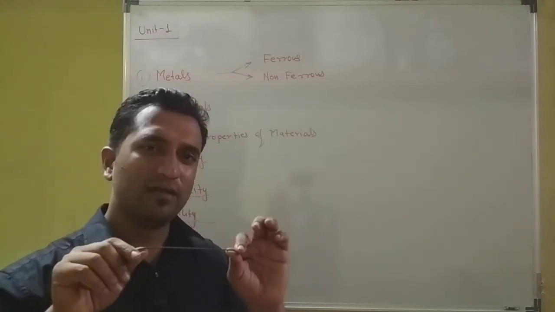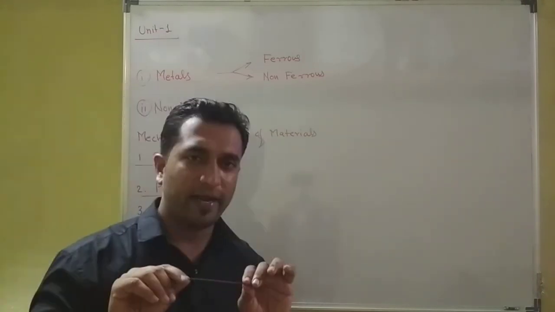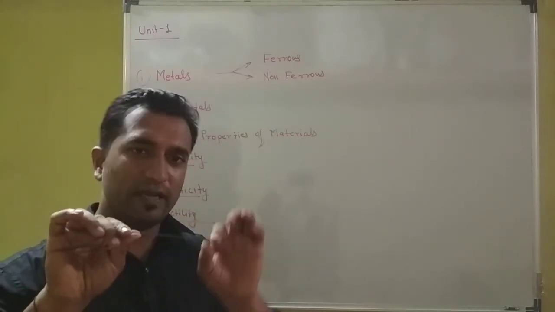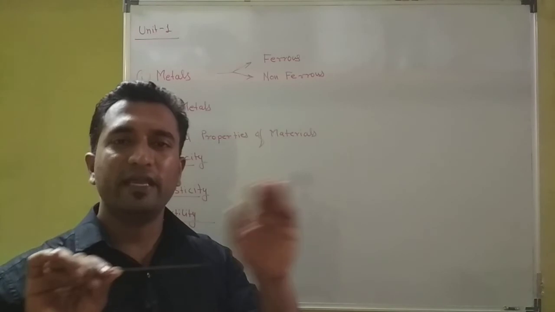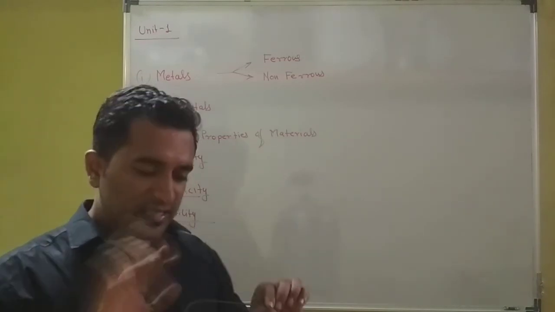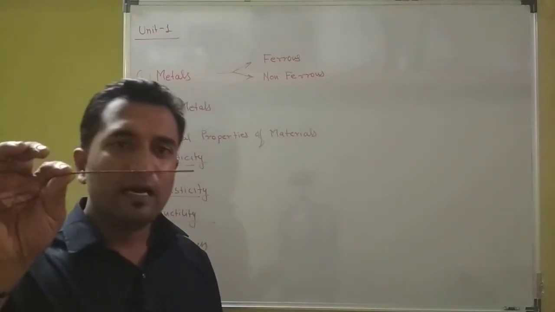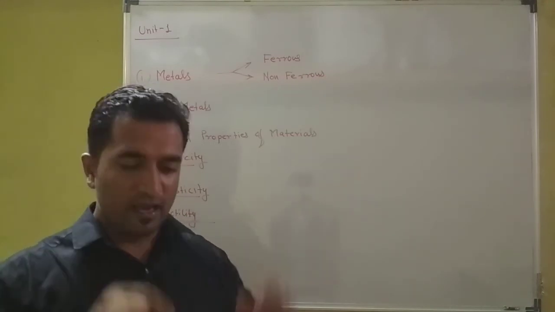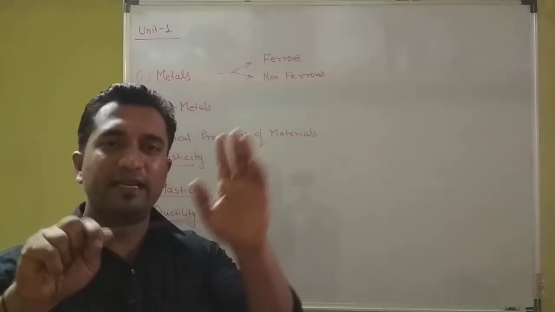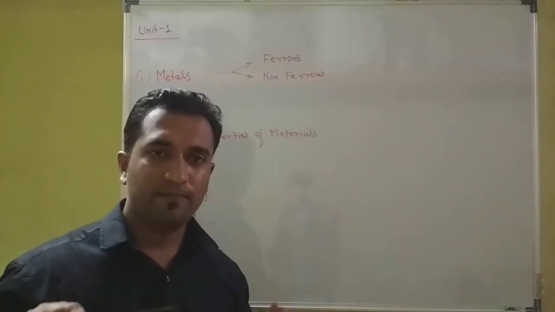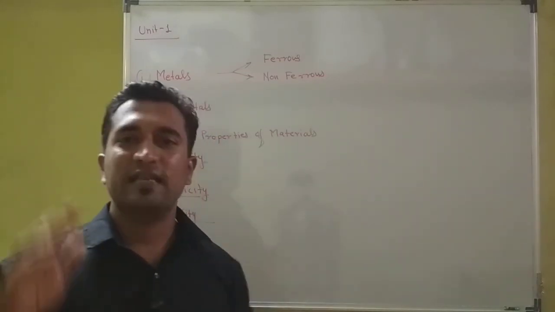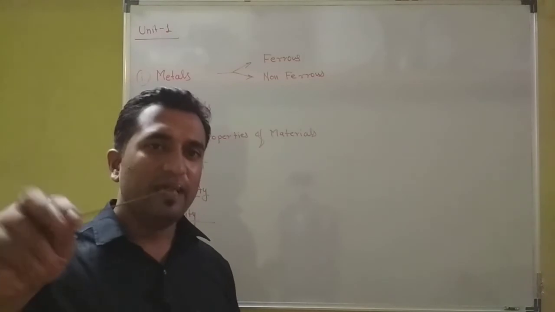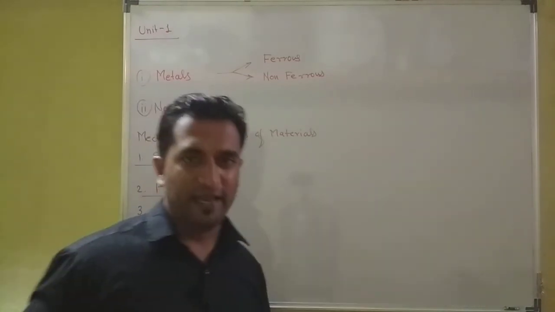Is it getting break? No, it is not getting break. It is deforming, but it is not getting break. The same thing if I do with the glass, what will happen? It will not bend directly, straight away it will get break. Why? Because glass is brittle and steel is ductile.